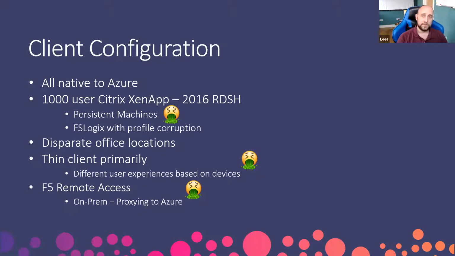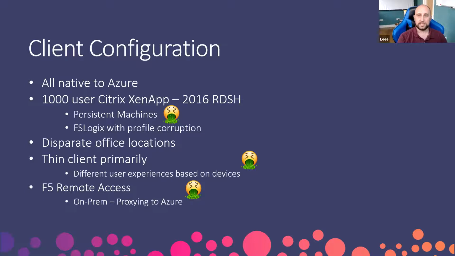So number one that I don't like is the persistent machines. Why would we do that in Azure? It's much more difficult to manage, and they were actually looking at putting SCCM in Azure to manage this. So yeah, we'll kick that one to the curb immediately. I've put a sick face next to thin client primarily, but it's more down towards the different user experiences based on devices.